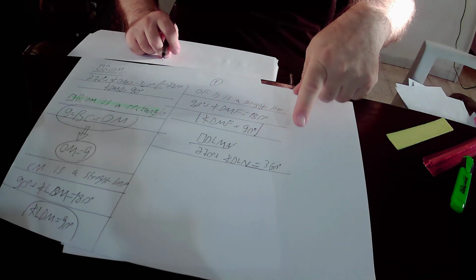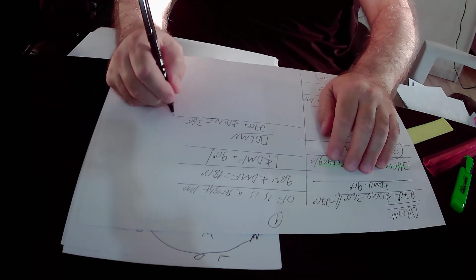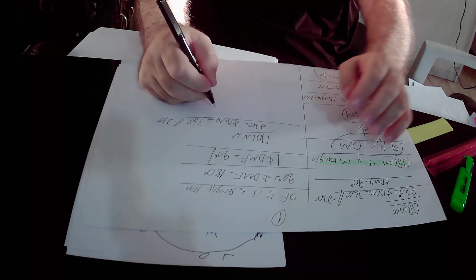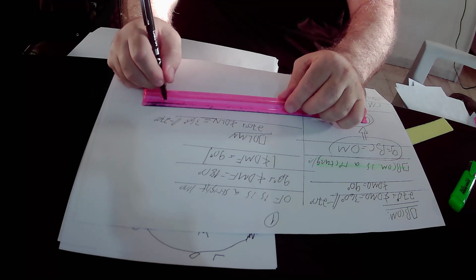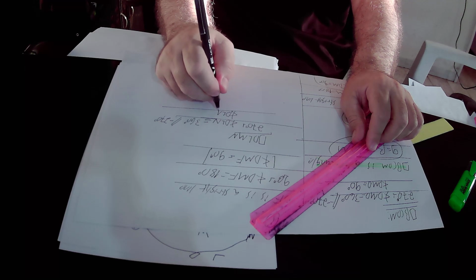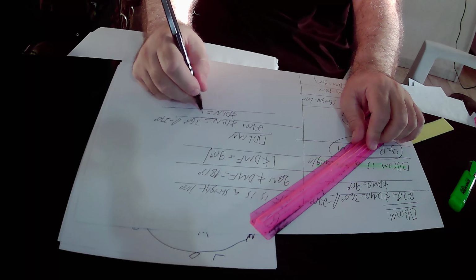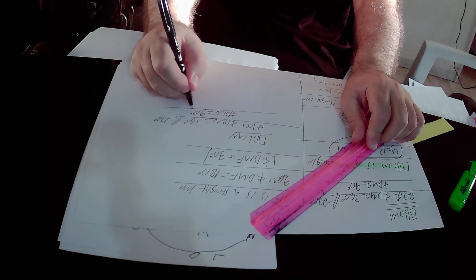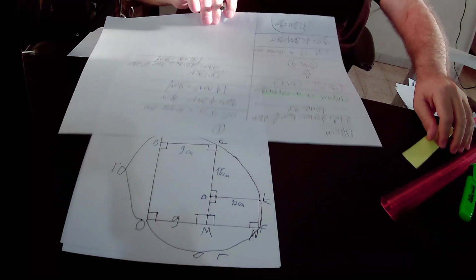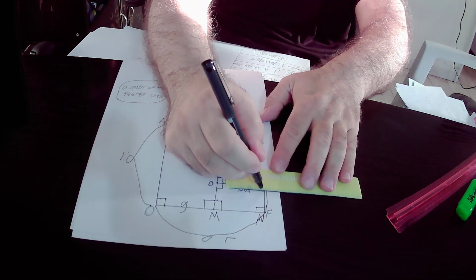Here we subtract 270 degrees from this equation, and we get that the missing angle DLN will be equal to 360 degrees minus 270 degrees, it is equal to 90 degrees. So I found out that the missing angle is a right angle, it is equal to 90 degrees.